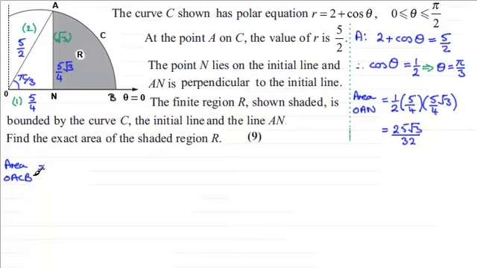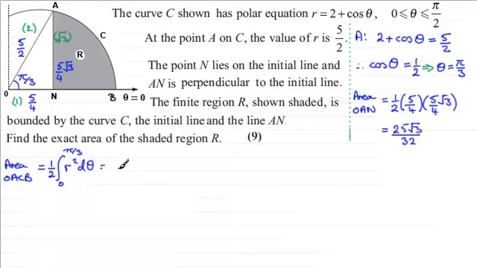Well, to get the area of OACB, what we need to use is the formula half times the integral of r squared integrated with respect to theta. And our limits go from theta equaling 0 right the way round to a, where we've now seen that theta equals pi upon 3 radians. So that's going to be up to pi upon 3.